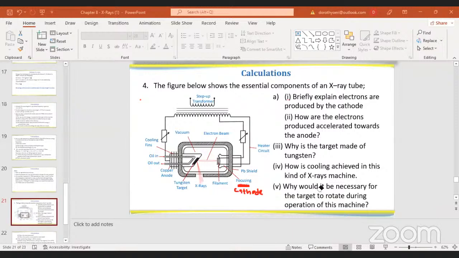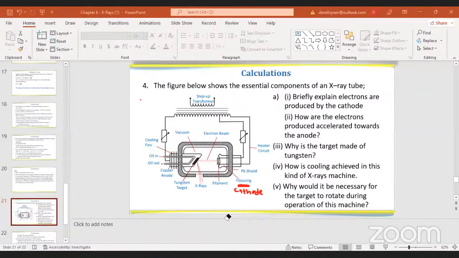And then we have, why would it be necessary for the target to rotate during operation? Griffin Mugambi? To prevent wear and tear.